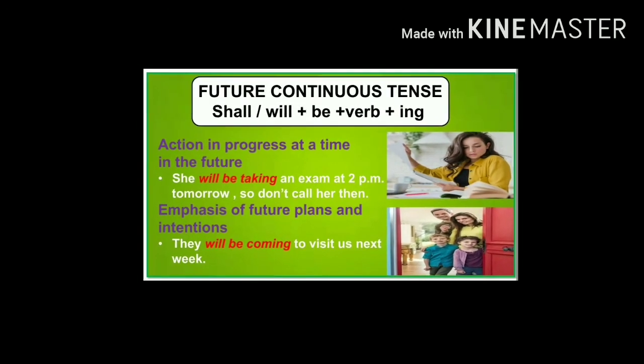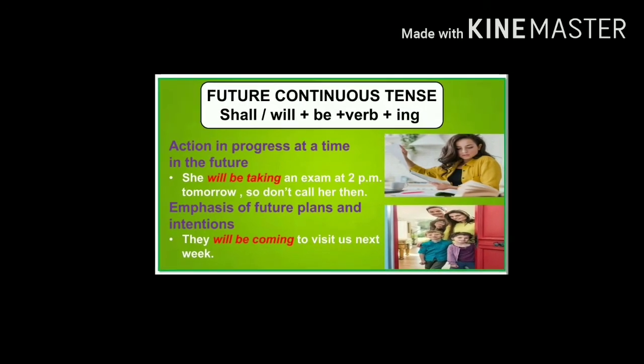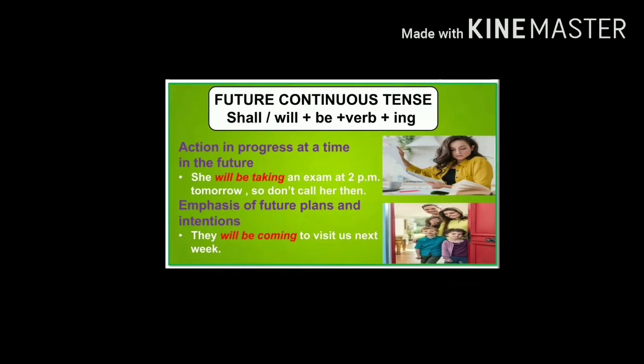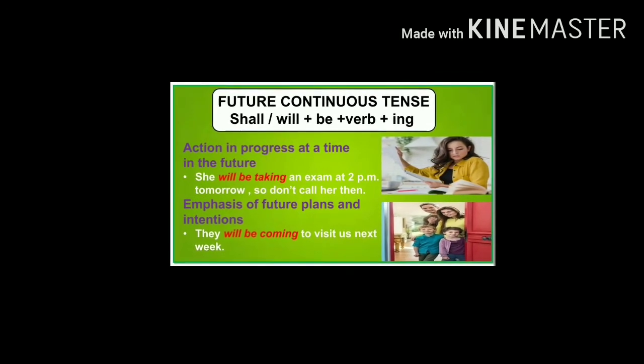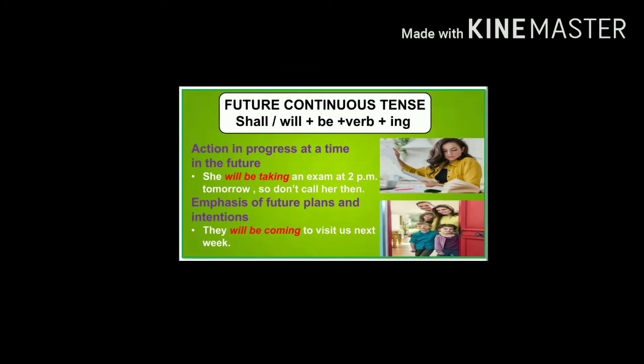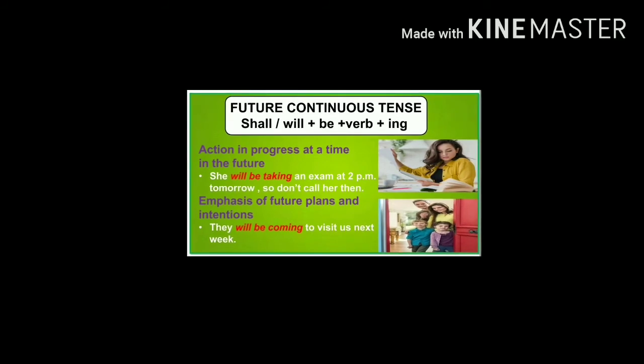We can use future continuous tense to denote an action in progress at a time in the future, emphasis of future plans and intentions, interrupted action in the future, parallel actions in the future, and atmosphere in the future.